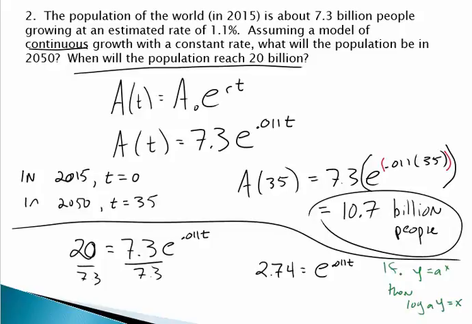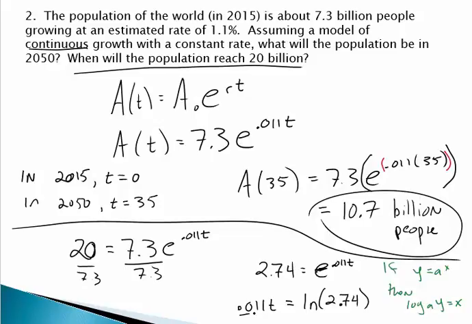So I got to apply that property to this problem, and I know that the exponent, 0.011t, is equal to the log base e, so the bases have to line up. Natural log is the natural base, and then I'm taking the natural log of 2.74. Okay, so the good news is we're given base e. When I translate it to log, it's the natural log, and that's on my calculator, right?